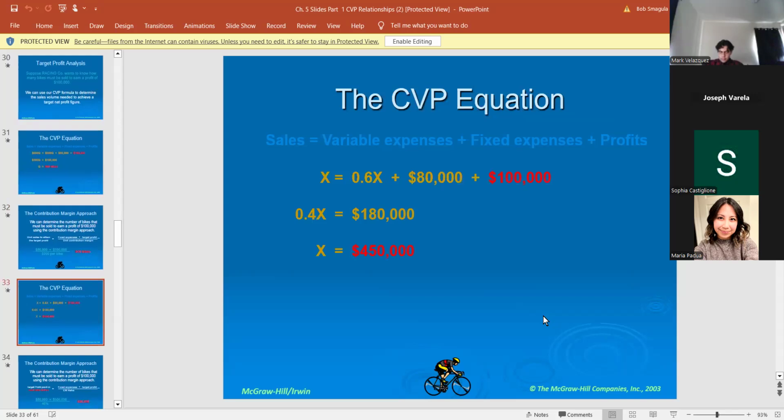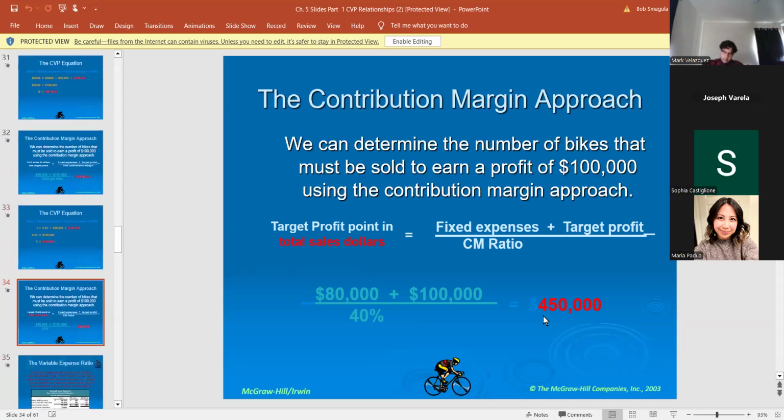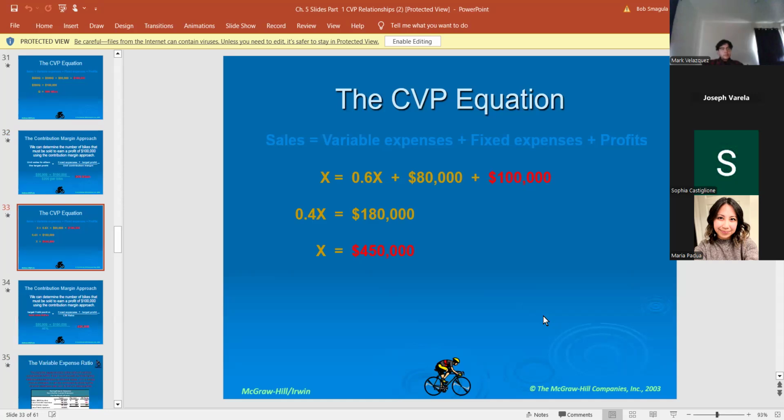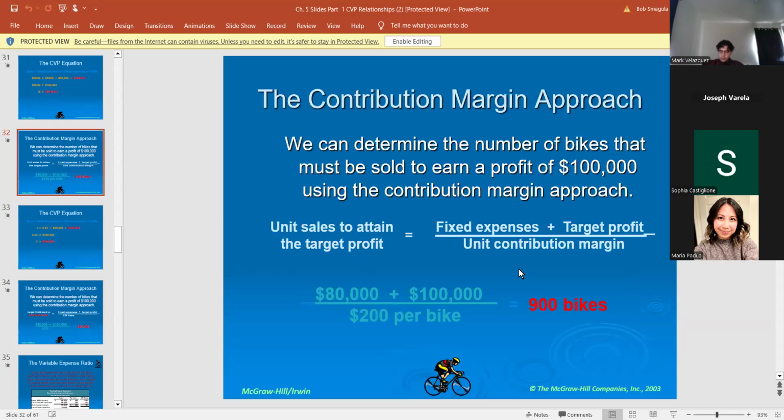Contribution margin approach. We're back to the famous CVP equation, if you like. This formula gives us the break even in units. What if we want to know the break even in dollars? Well, we have a hint here. We know it's going to be 900 times 500, right? That's what we're selling them for. But let's prove it.